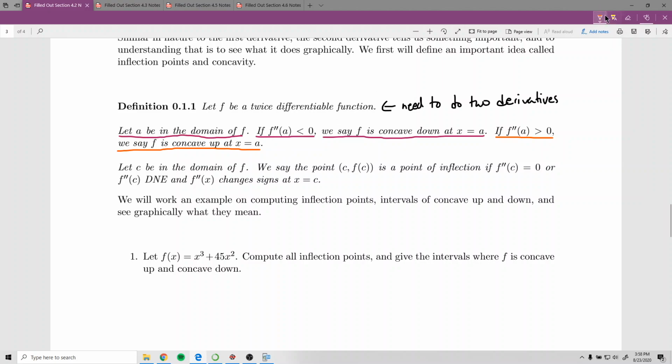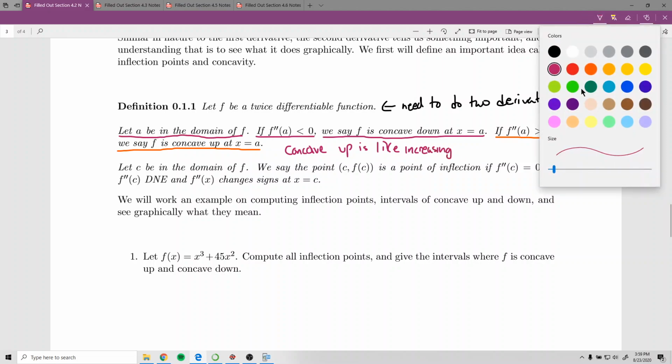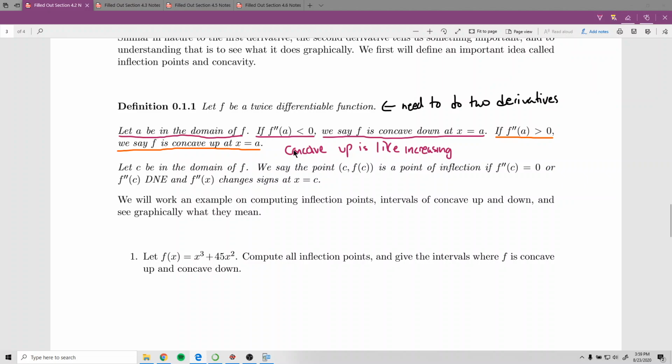Right, so drawing comparisons to last section, once again, concave up is like increasing, but it's for the second derivative instead of the first. And I realize I wrote the color backwards. Let me erase that just to avoid confusion. Concave down is what I highlighted in this color. Concave down is when the second derivative is negative.